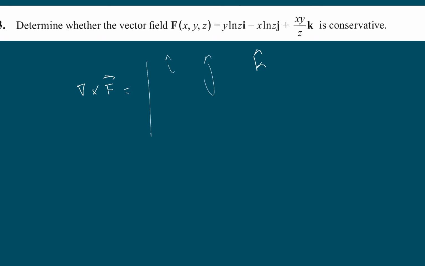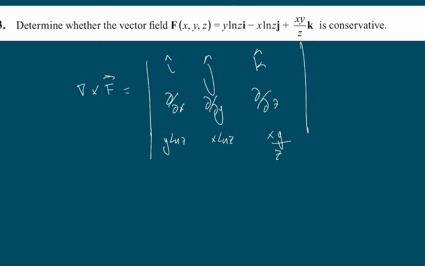The field is the derivative with respect to x, the derivative with respect to y, the partial derivative with respect to z of y natural log of z, x natural log of z, xy divided by z.